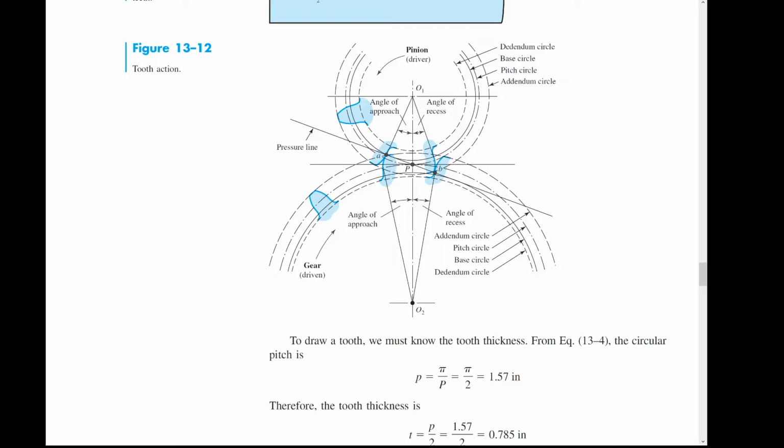The angle of contact is far deeper in this gear, and then as it's pushing away, it's down there. Gear driven. Yeah, there's the turning direction. Okay, there's O2 down here in the gear, O1 in this pinion.